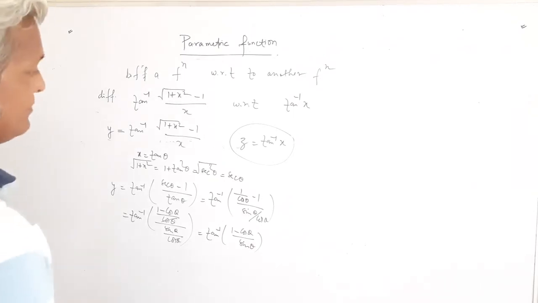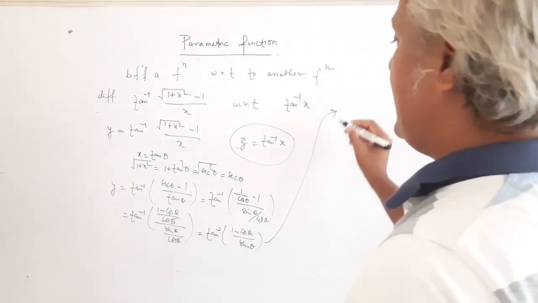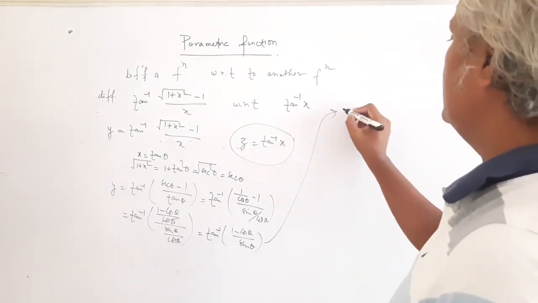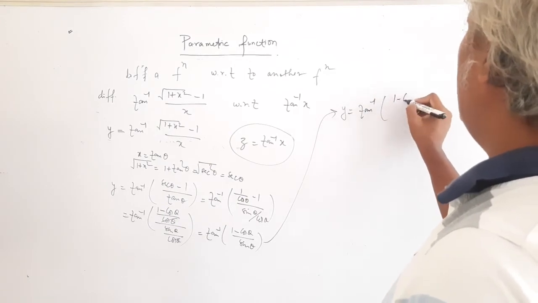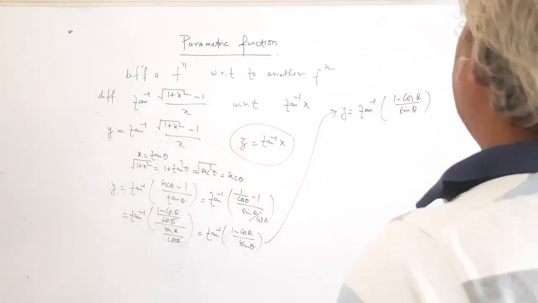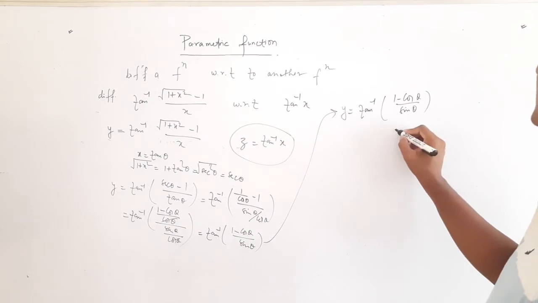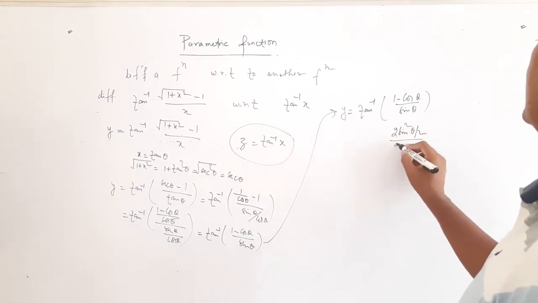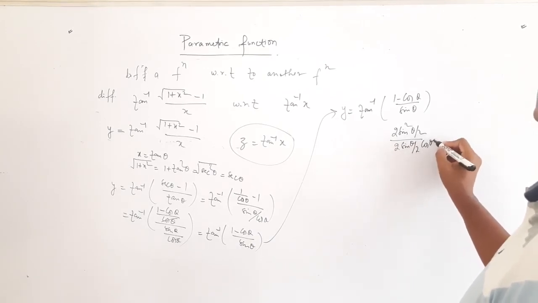So we are not differentiating anything, we are just substituting. This is a trigonometric manipulation. So y is tan inverse of 1 minus cos theta over sin theta. Then you know that 1 minus cos theta, in the submultiple form, becomes 2 sin square theta by 2, and sin theta can also be written as 2 sin theta by 2 cos theta by 2.